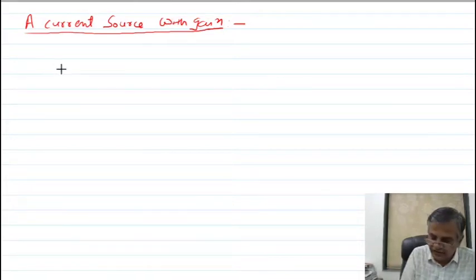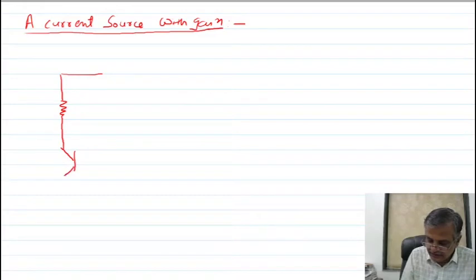Look here, the circuit diagram. In this circuit, transistor Q3 is connected at this point. This is Q3.